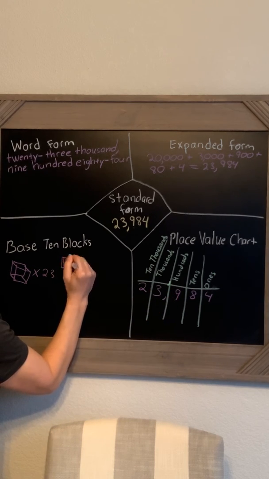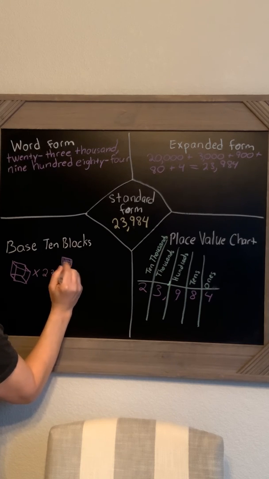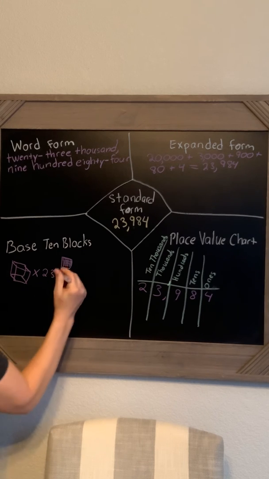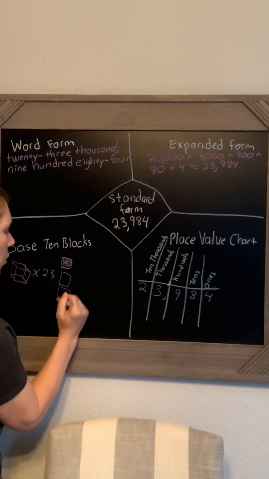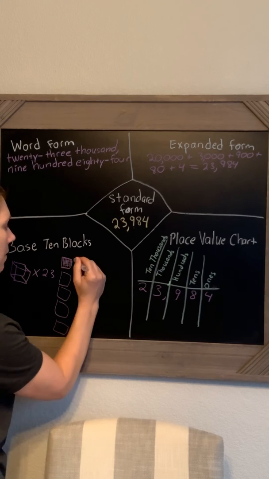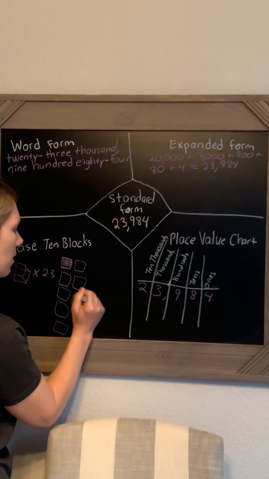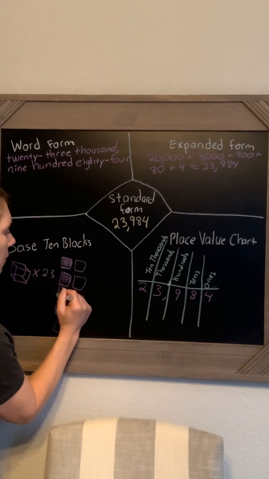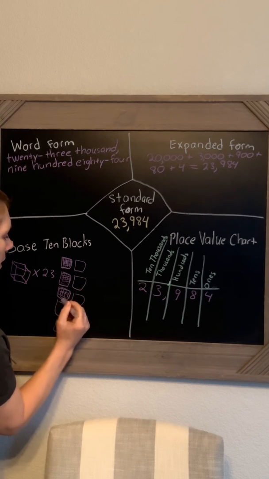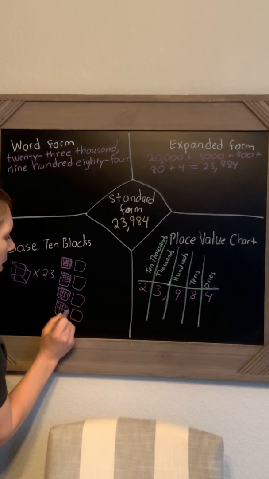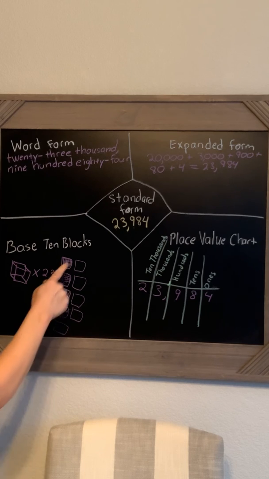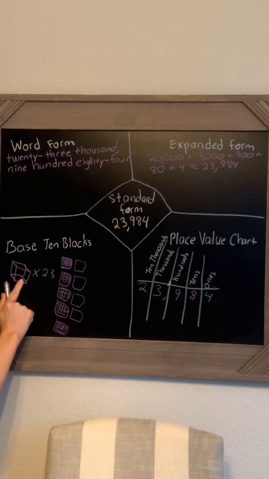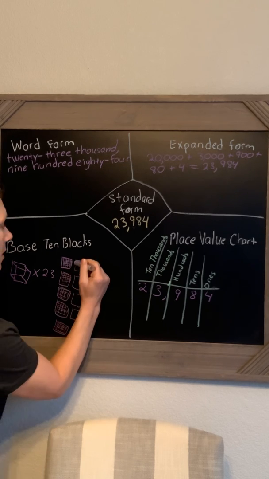So the 900s are used with just the square blocks, the square base 10 blocks. So 1, 2, 3, 4, 5, 6, 7, 8, 9. And you can go and add all your lines. You don't have to make it perfect when you draw it on your own, to make it have 100 squares inside. But you need to know and recognize that the squares represent 100. The cube represents 1,000.